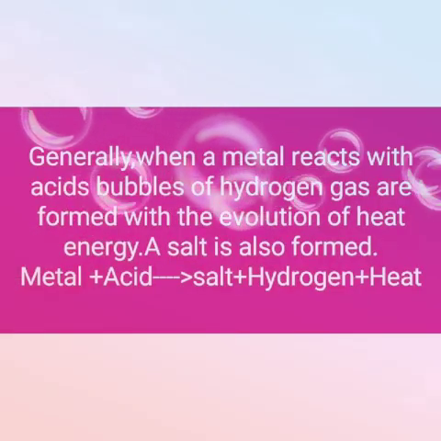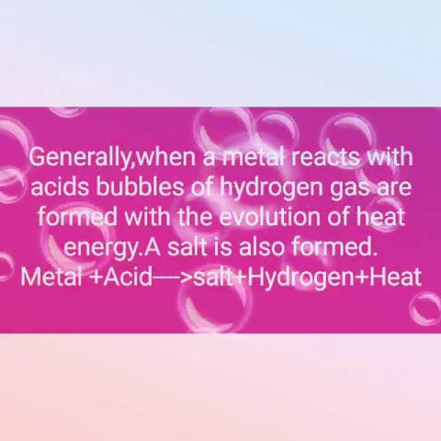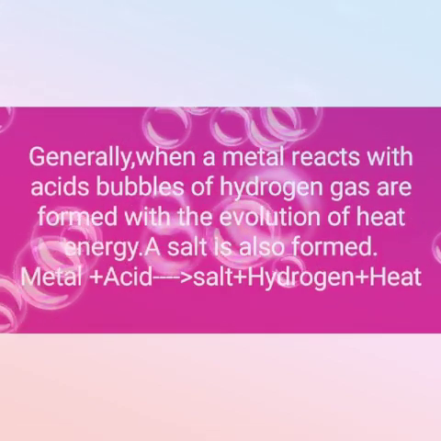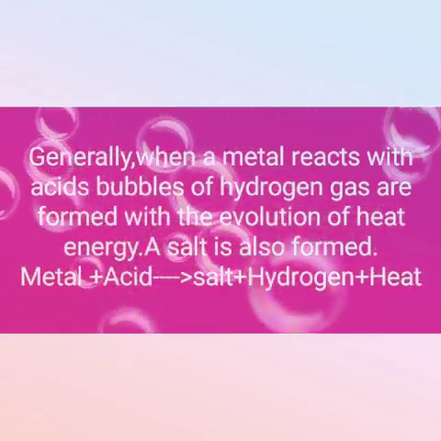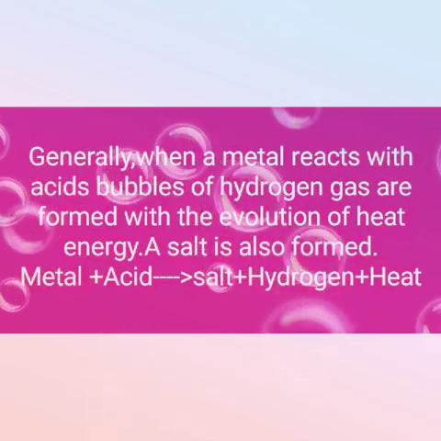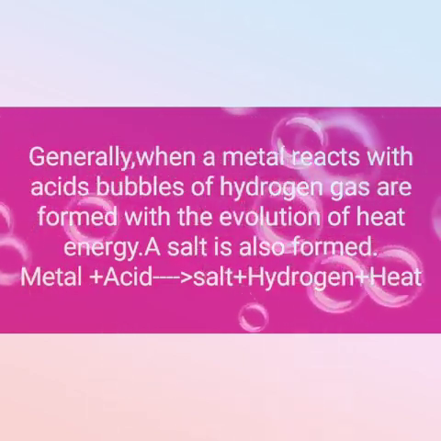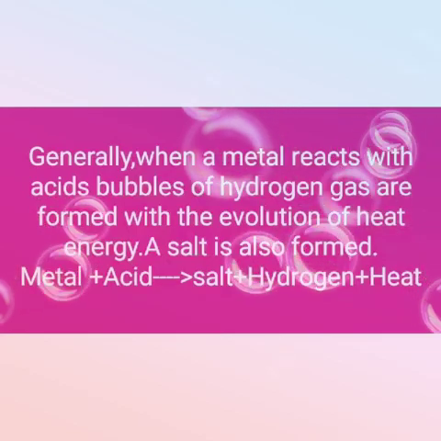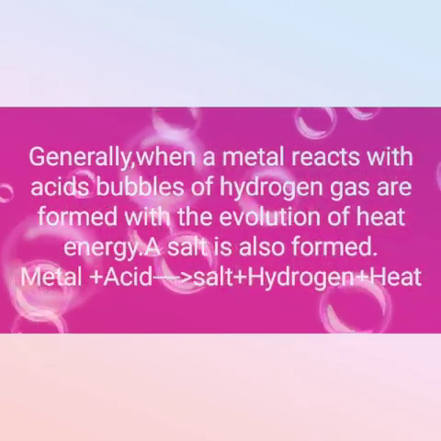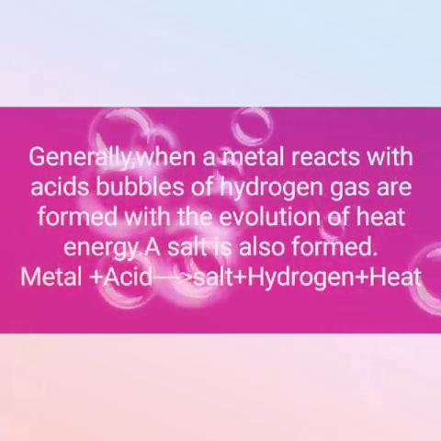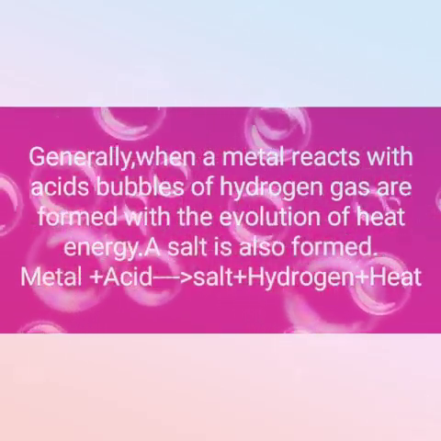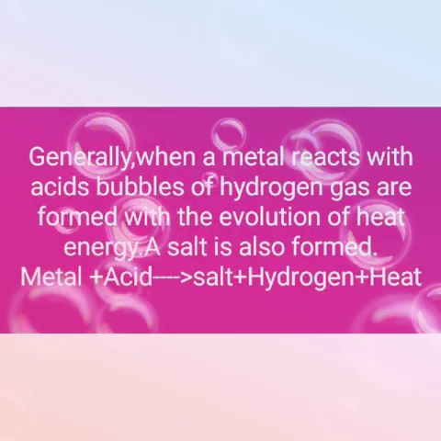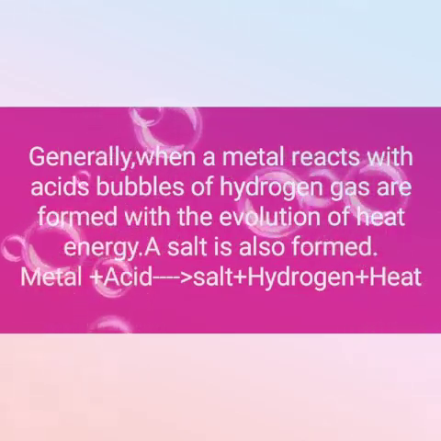Metals, when they react with acids, produce hydrogen gas. Along with that, a corresponding metallic salt is also formed. The generalized equation for the reaction of metal with acid can be represented as metal plus acid gives salt plus hydrogen plus a lot of heat.